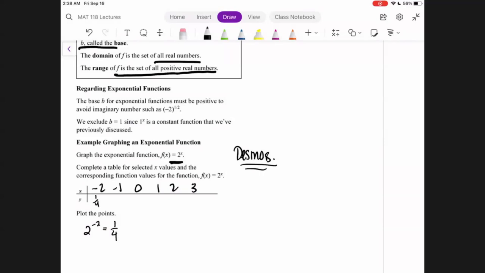And then 2 to the -1 would be 1/2. And then 2 to the 0 would be 1. 2 to the 1 is 2. 2 squared is 4. 2 to the 3rd would be 8. And then you could plot these and see what they look like on Desmos.